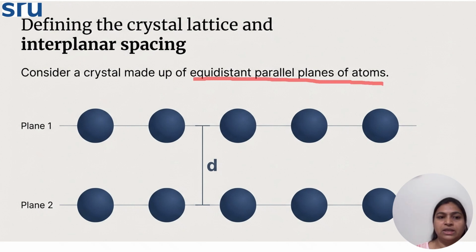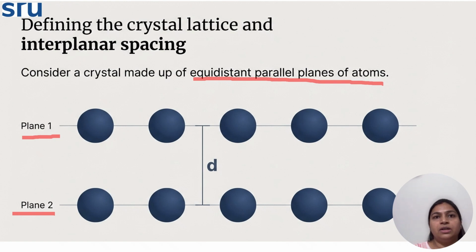You can see here in plane 1, the atoms are sitting at equal distances, and in plane 2, the atoms are also equidistant, and the planes are parallel. The distance between plane 1 and plane 2 is defined as d.